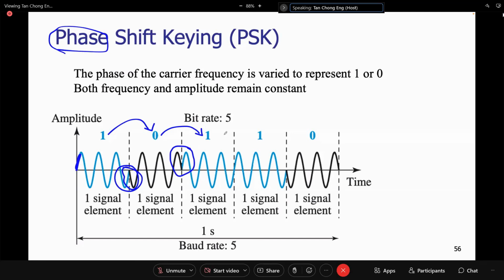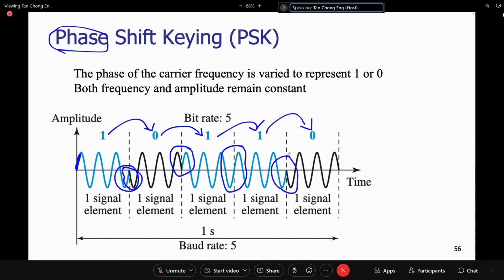So you can see that from 1 to 1, this part here, is there any change of phase? I don't see any change of phase because it is smooth, right? It is smooth going through. So there is no change of phase. That means there is no change of value. And again, when you look at 1 changing to 0, you can see this part is a change of phase again.